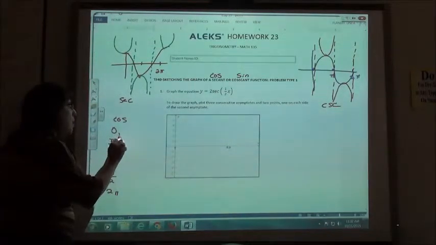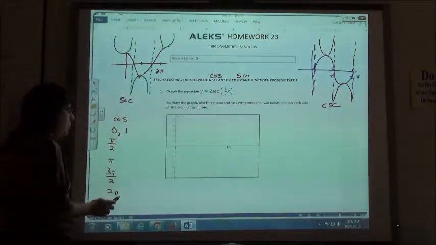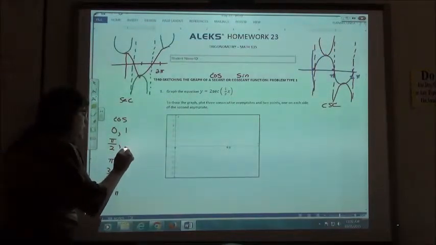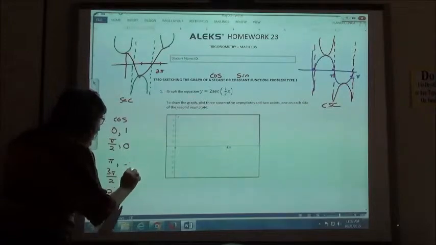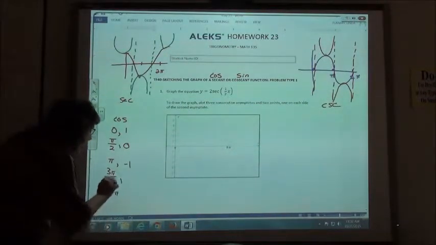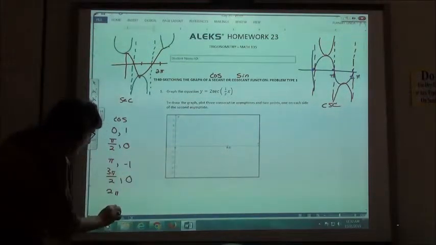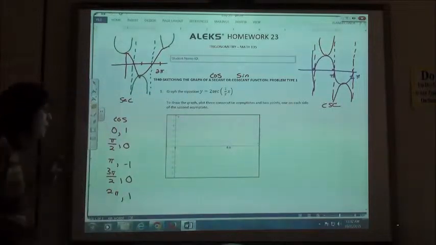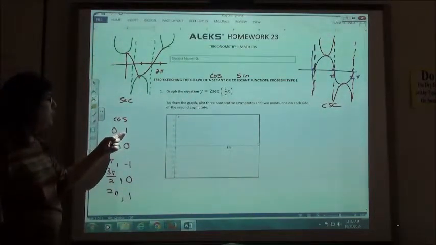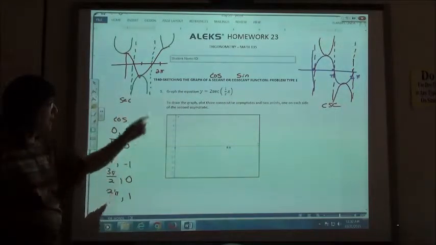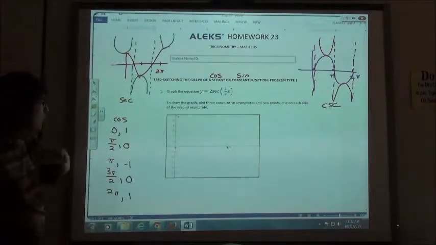At 0, we're normally up at the amplitude. At pi over 2, we're normally at 0. At pi, we're at negative the amplitude. At 3 pi over 2, we're normally at 0. And at 2 pi, we're normally at the positive amplitude. So I'm going to take the 1 times the amplitude, negative 1 times the amplitude, and so forth.